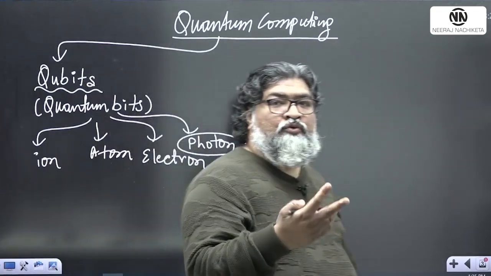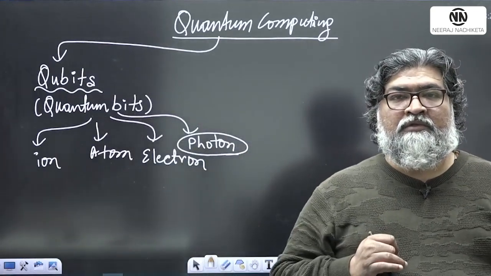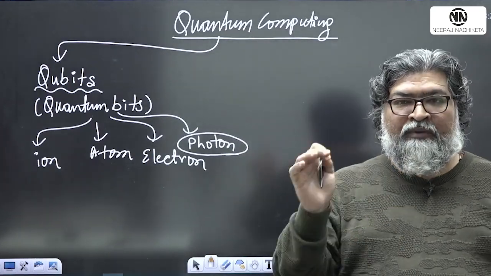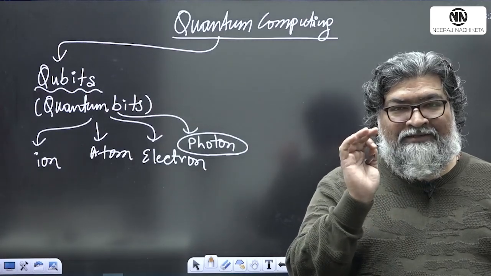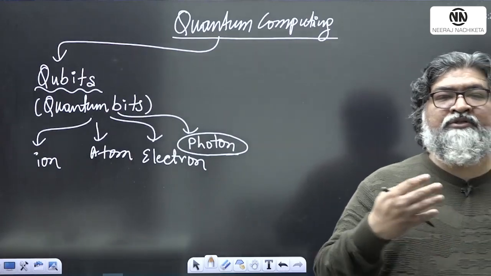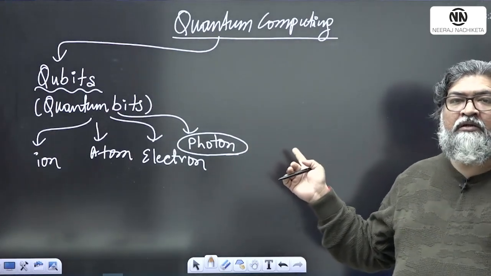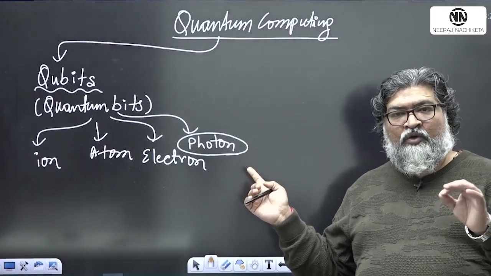You know, light has two dual characteristics, particle form and wave form. The particle form of light, electromagnetic wave, the photon, could act as a qubit. Many of the developments taking place are using light as a mode of developing quantum bits.